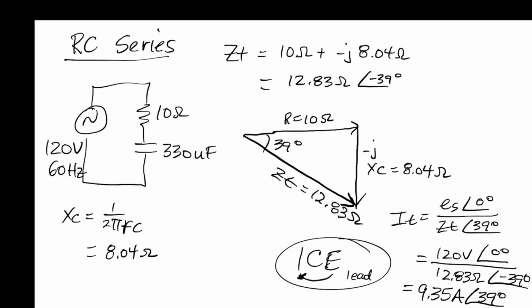Now let's just calculate the values in our voltage triangle. So we have 10 ohms and 8.04 ohms of XC.